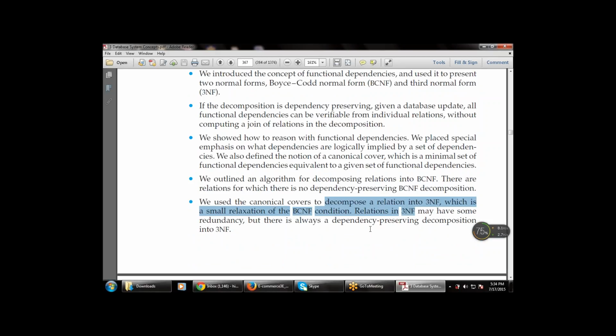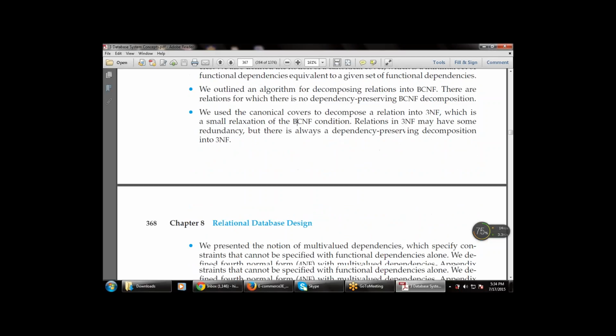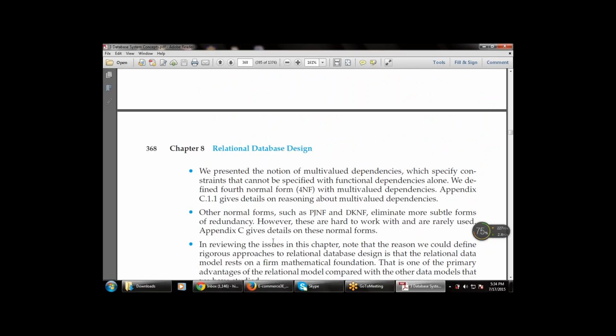So whenever I want to decompose into 3NF, we use the canonical cover. That is a small relaxation of the BCNF condition. Then we also presented the notion of multi-valued dependencies. We specify constraints that cannot be specified using functional dependencies alone.